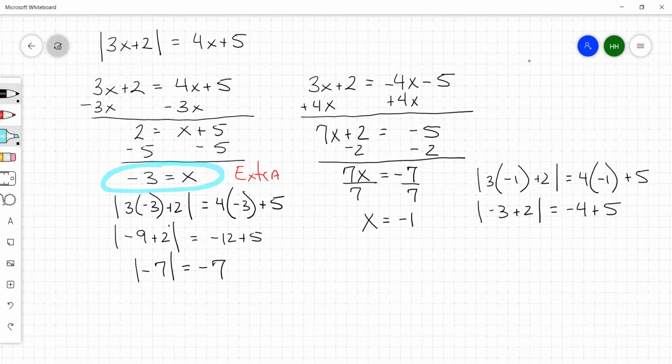So on this left-hand side, the absolute value of negative 3 plus 2, that'd be the absolute value of negative 1 equals negative 4 plus 5 is 1. And the absolute value of negative 1 is equal to 1. So that solution works. So here's your good solution. And the x equal to negative 3 is your extra solution or extraneous solution.